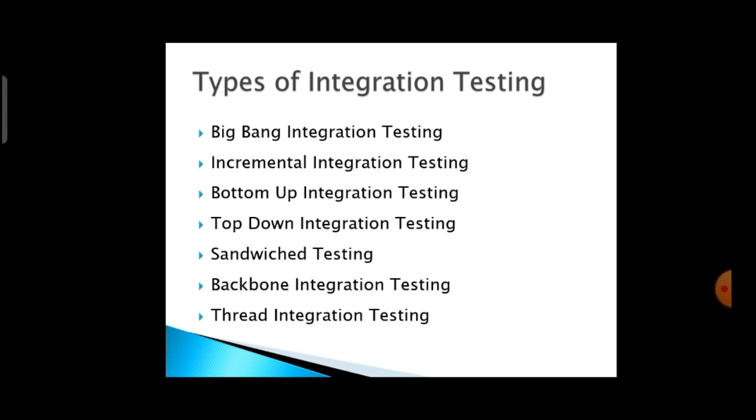Here, a hierarchical system is viewed as consisting of 3 layers. The bottom-up approach is applied to integrate the modules in the bottom layer, the top layer modules are integrated by using the top-down approach, and the middle layer is integrated by using the Big Bang approach.